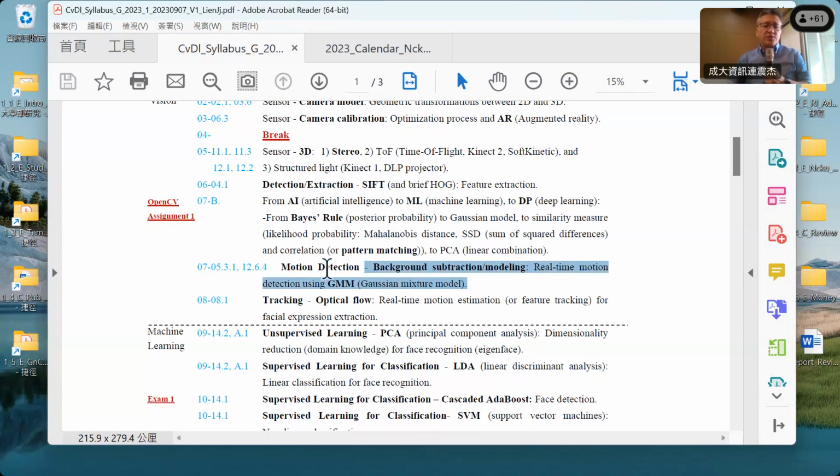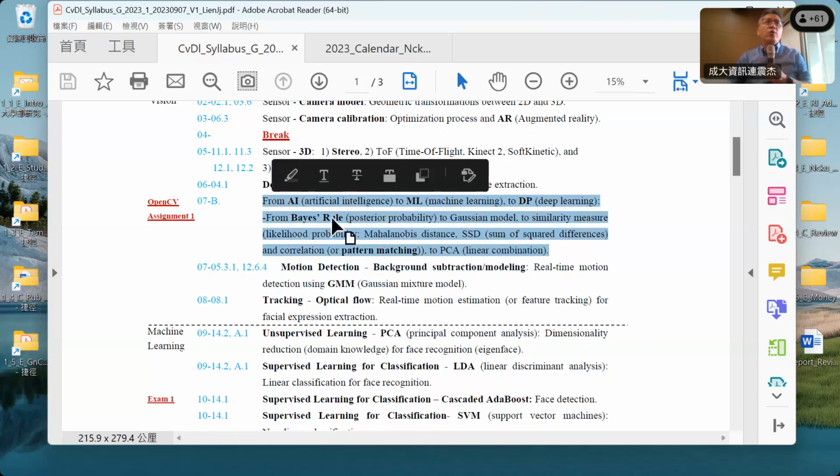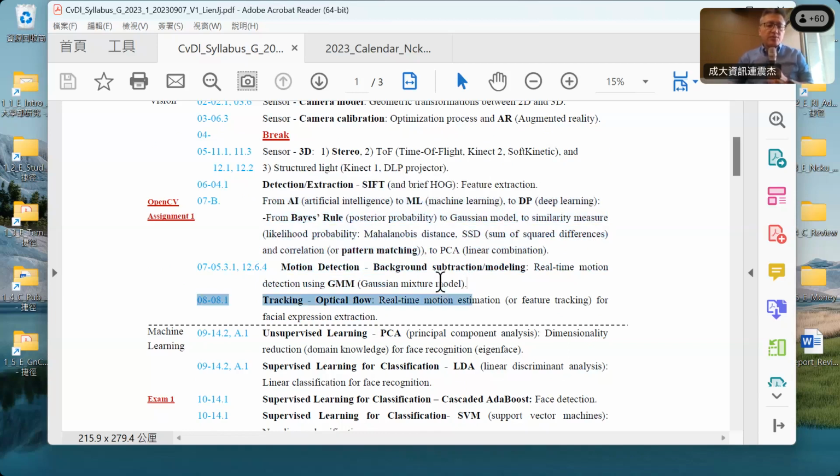I try to finish this one, and then I will also teach you the AI on the posterior probability. Okay, I already put a lecture on the FTP site. So the exam will be up to week 7.